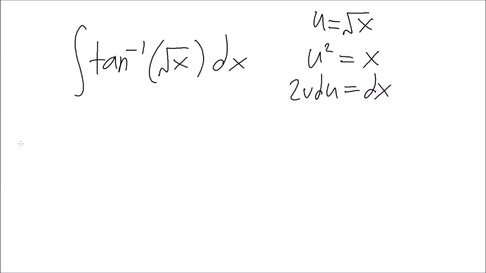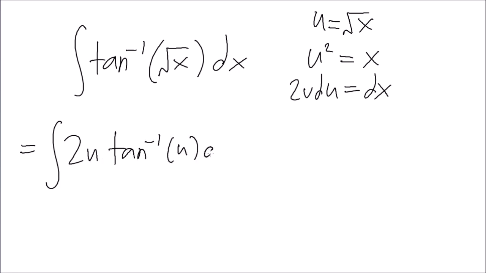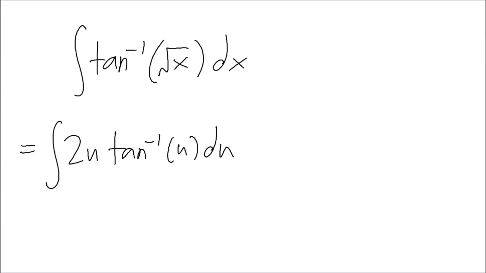Okay, got it. I'm going to do 2u first, and then inverse tangent of u du. Okay, cool. This is an integration by parts problem, right? You would think, okay, we could just easily derive this, but then you would have to integrate inverse tangent.